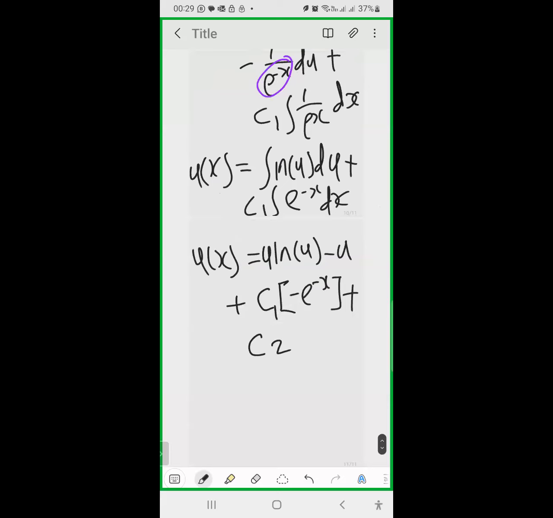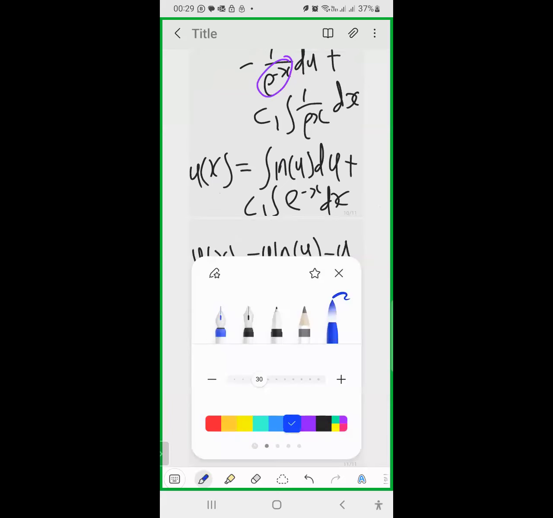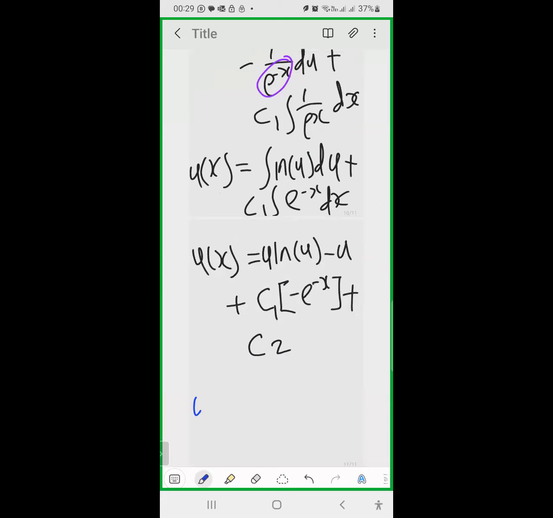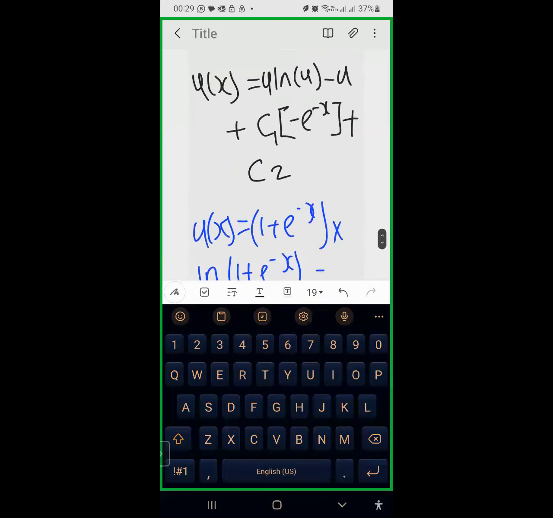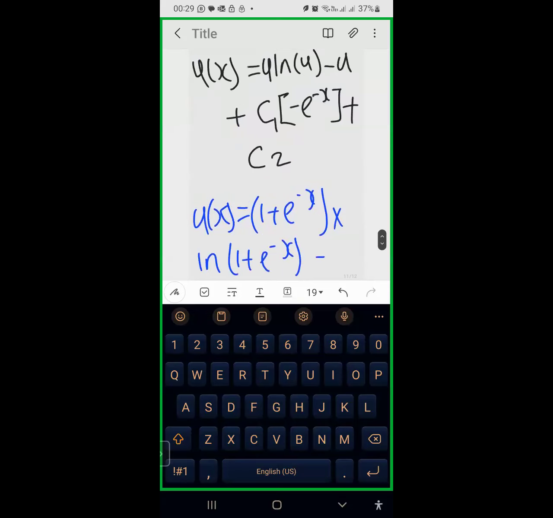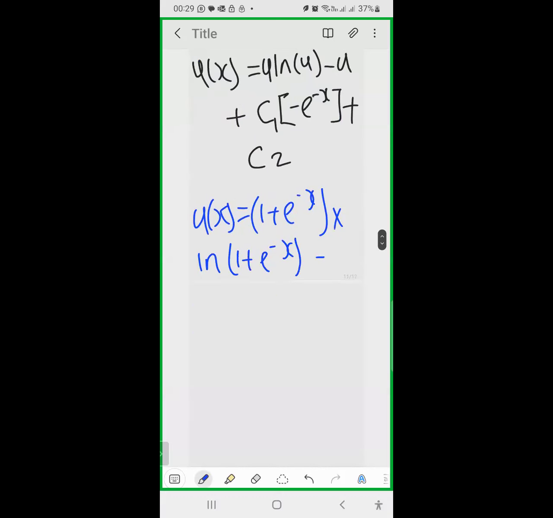Therefore, the u of x is then going to be given by 1 plus e to the power minus x multiplied by the ln of 1 plus e to the power minus x, and then minus u, which is 1 plus e to the power minus x.